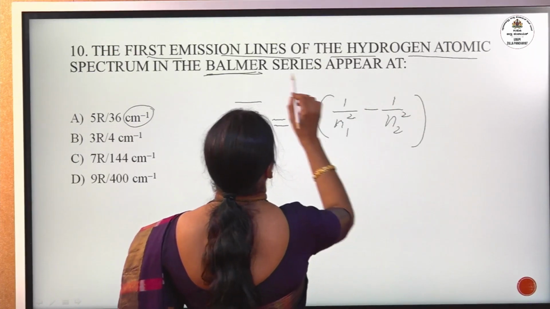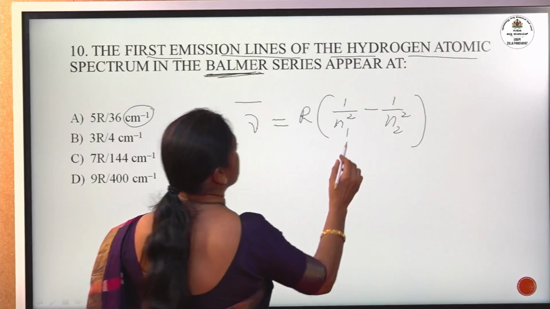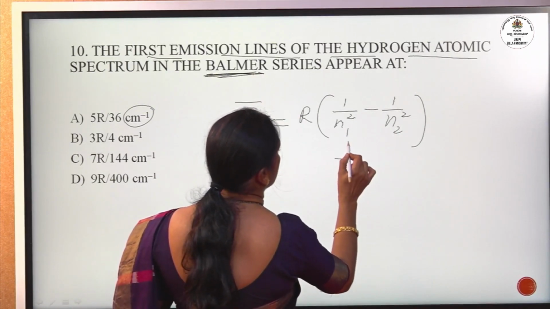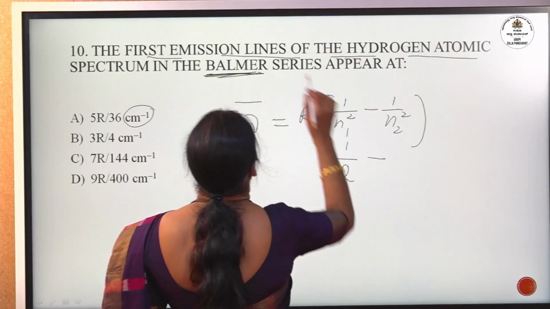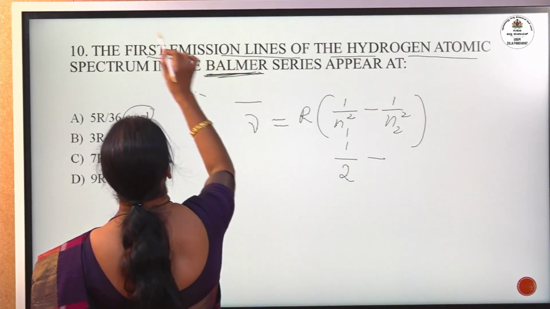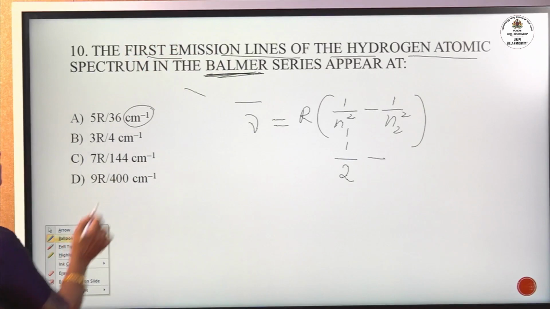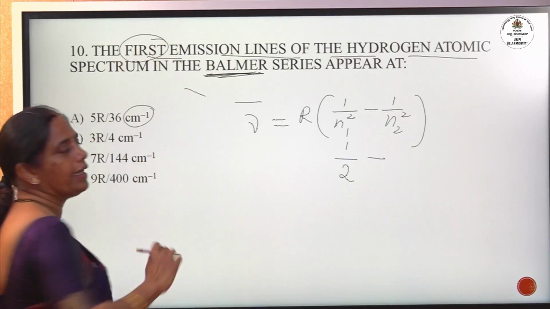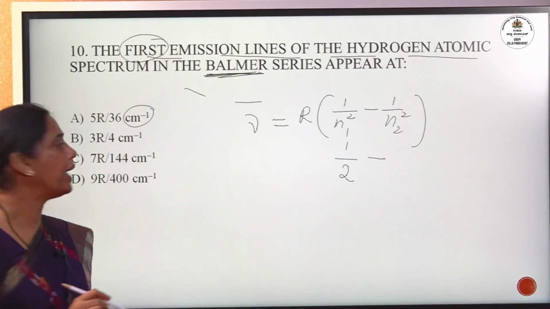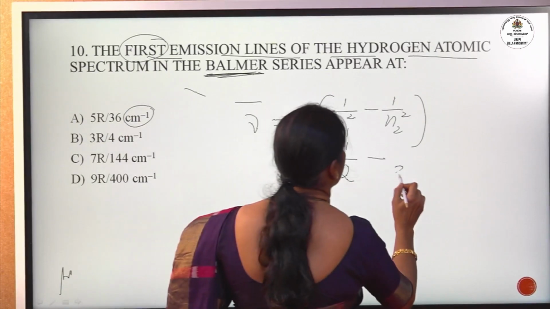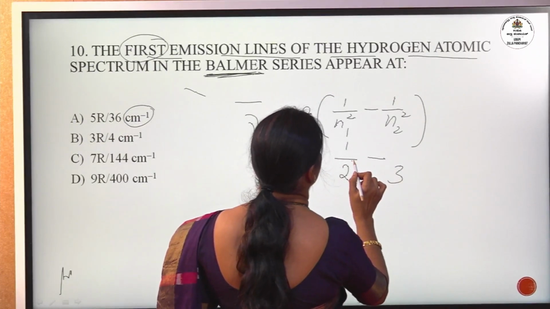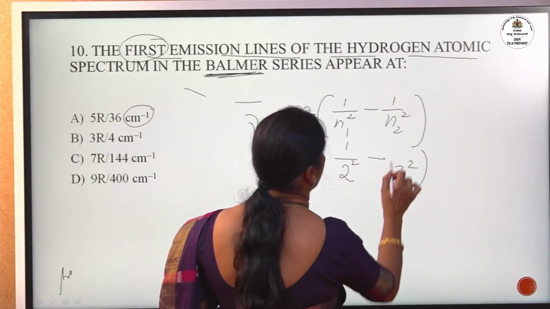The series given is Balmer series, so N1 is 2 and the line required is the first line, so N2 is 3. This is 2 square, 3 square.